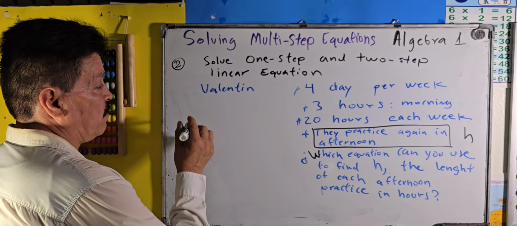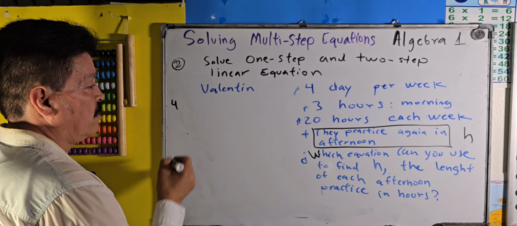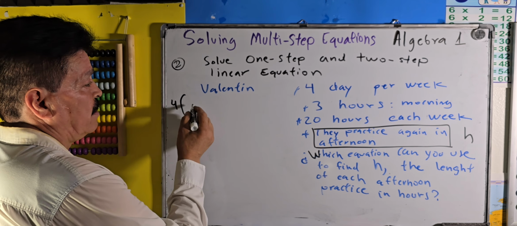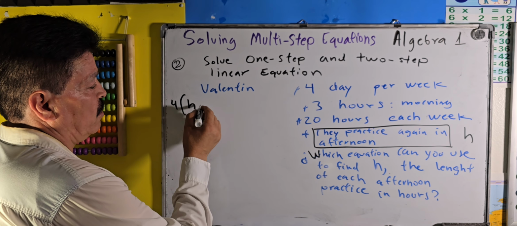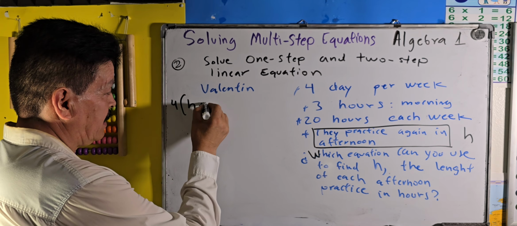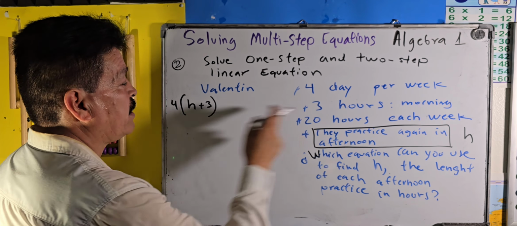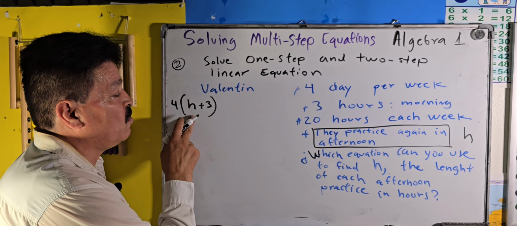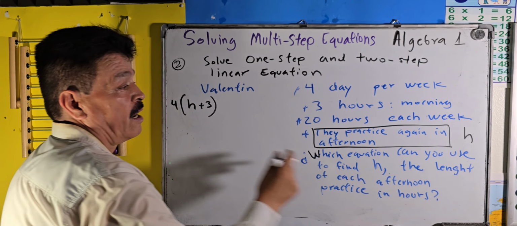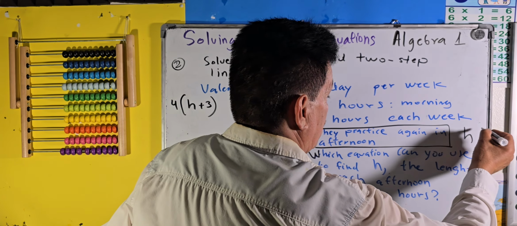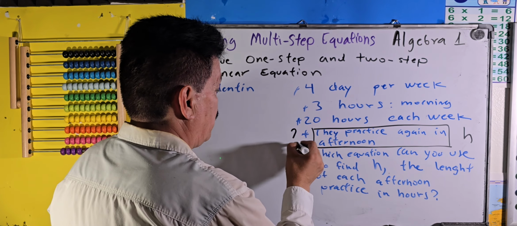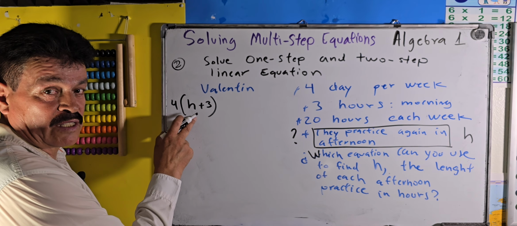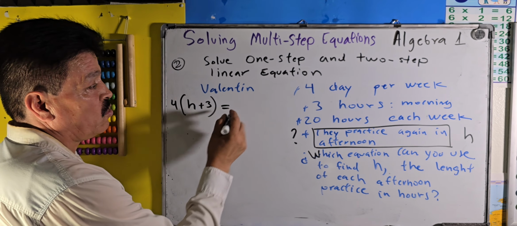So let me start right here. We have 4 days, right? So I don't know this, plus 3 hours in the morning, because how many hours do they practice again in the afternoon? The hours here is our question, right? That's why we write the question in this way, equals 20.